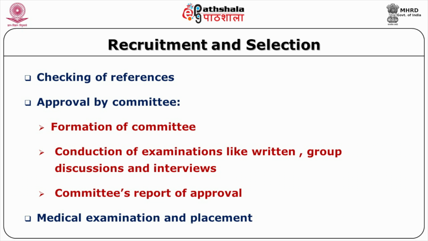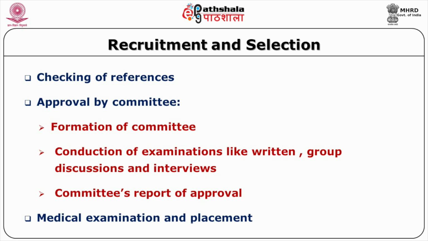When any management has many schools, then they can place these teachers in different schools. Suppose they have two or three schools, one in a western suburb, one in a central suburb. They may ask the candidate their preference, or according to their requirement, they can place this candidate in any of their schools, because these schools are managed by the same management.